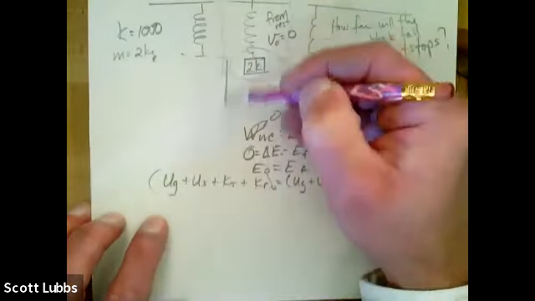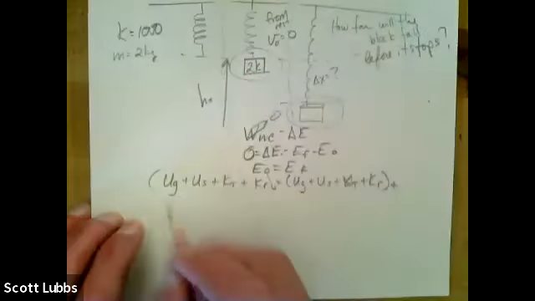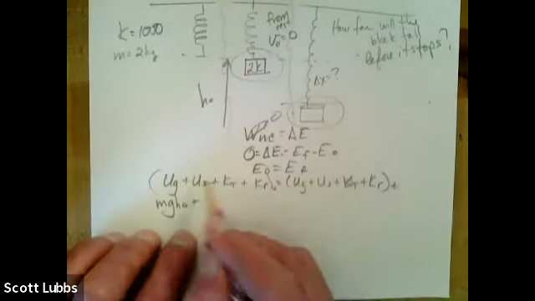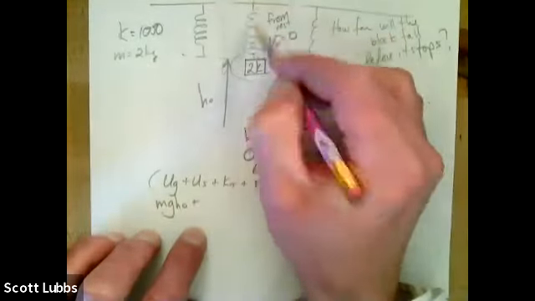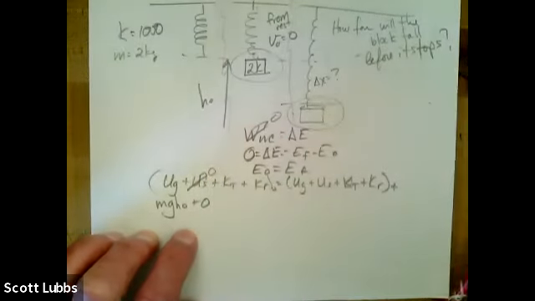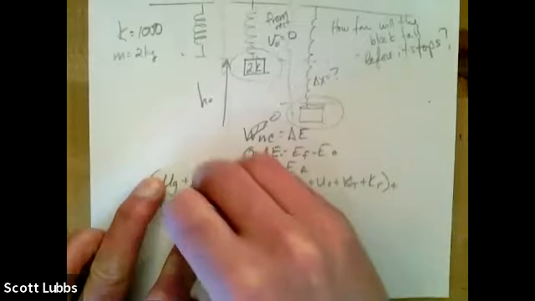Initially, it's at some h initial, so m g h initial. The spring, however, is unstretched. I'll break that in there since this is our first time going through it.